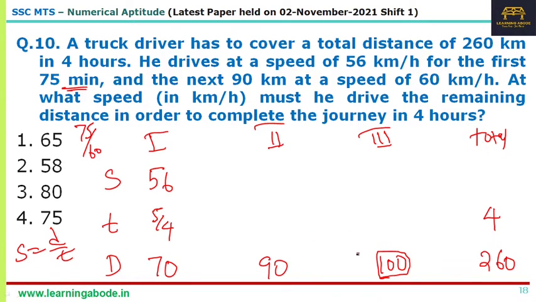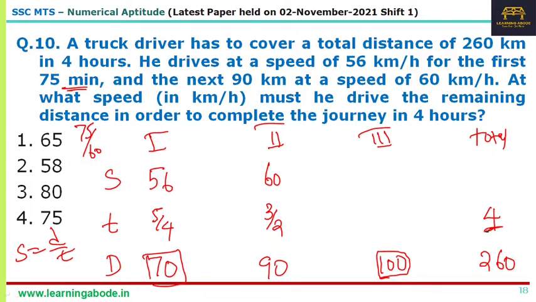So 100 he is to cover in the third phase, and this 90 he covers at the speed of 60 km per hour. So that means 90 by 60, he takes 1.5 hours. Now he has got a total of 4 hours, of which he has already completed 75 and 90, 165 completed.